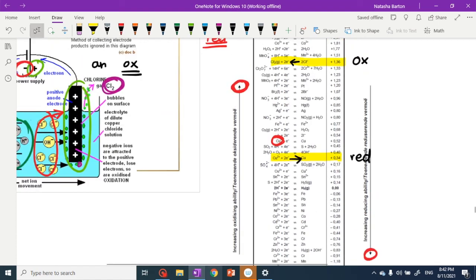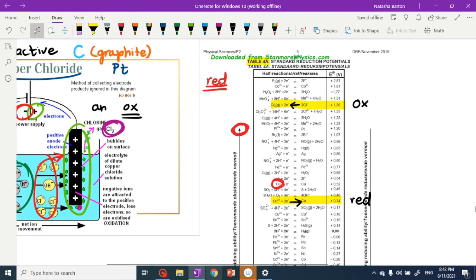But remember, guys, that inside of your electrolytic cell, we have a non-spontaneous reaction. So in this case, the substance towards the top is forced to be oxidized. The substance at the bottom is forced to be reduced because of the presence of our battery.